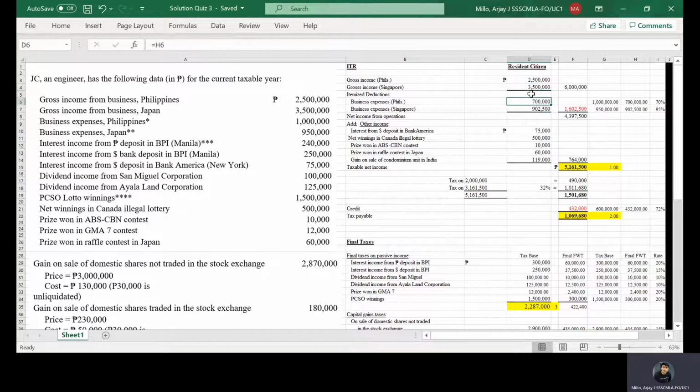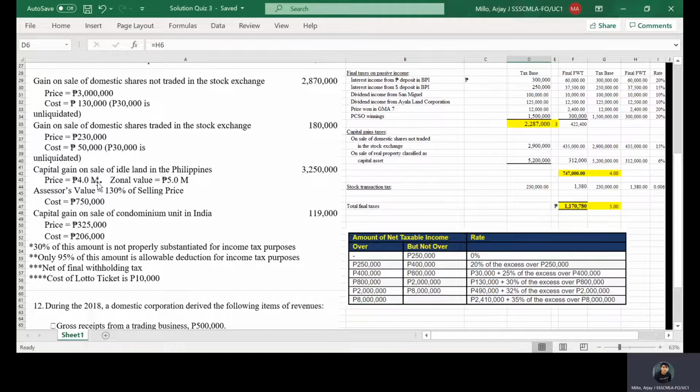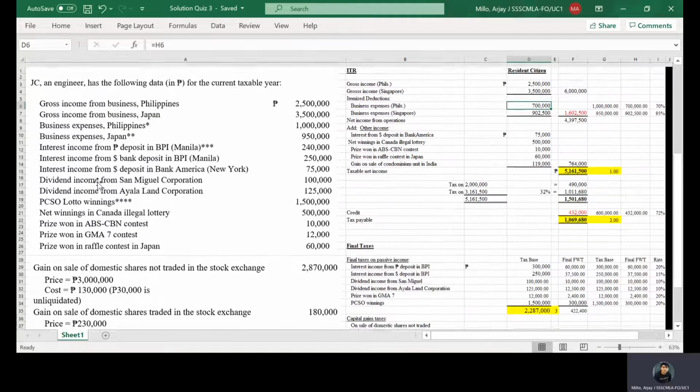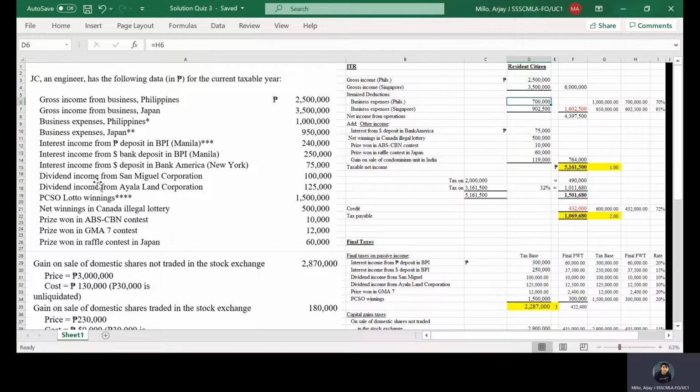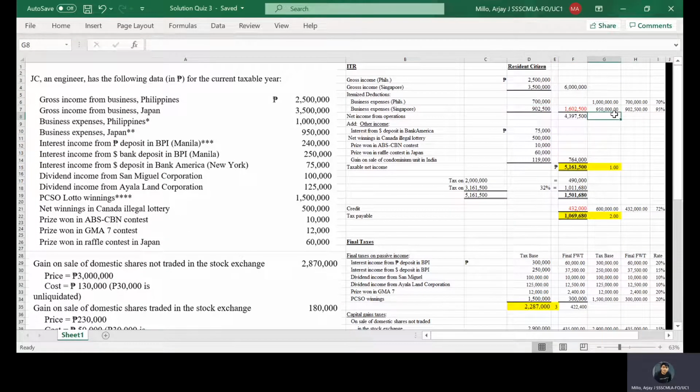For business expenses, we have an additional note: 30% of the amount of Philippine business expenses is not properly substantiated for income tax purposes, so only 70% is allowed. So we multiply the 1 million by 70%, since the 30% is not an allowable deduction for income tax purposes. So we will only be using the 700,000 amount.